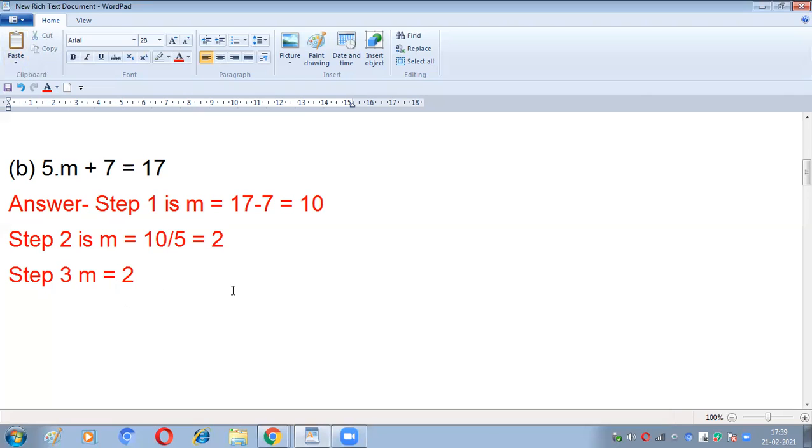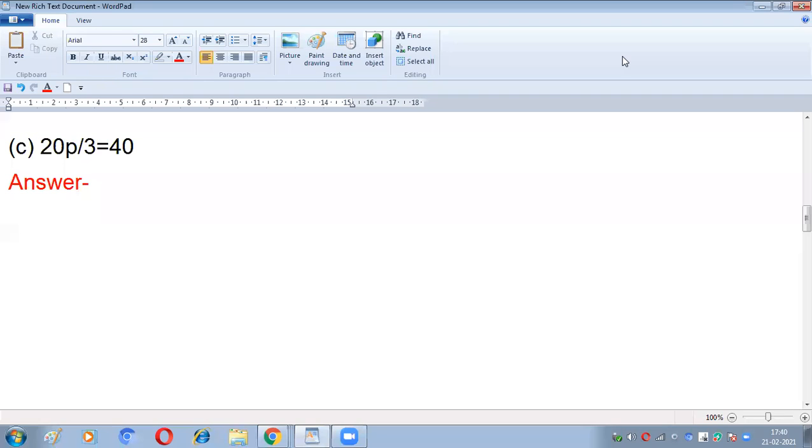So friends, let's move to part C. Part C is 20p upon 3, which is equal to 40. Here 40 is the result in this equation, and first we will classify it. 20 has the sign of multiplication here, 20 dot p, that means 20 multiplied by p.